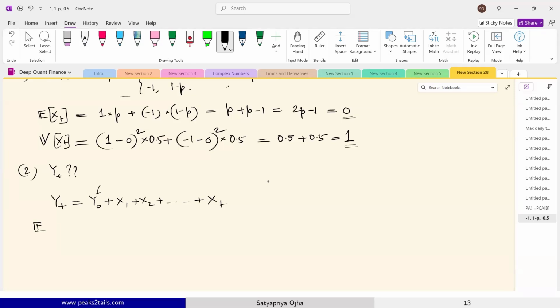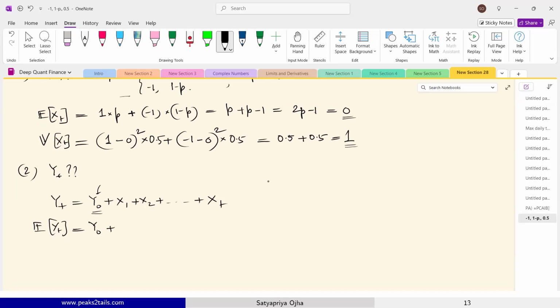Now, expectation of yt. Expectation of a sum is sum of individual expectations because expectation is a linear operator. What is the expectation of y0? Y0 is a given constant. There is an initial value, right? It is y0.